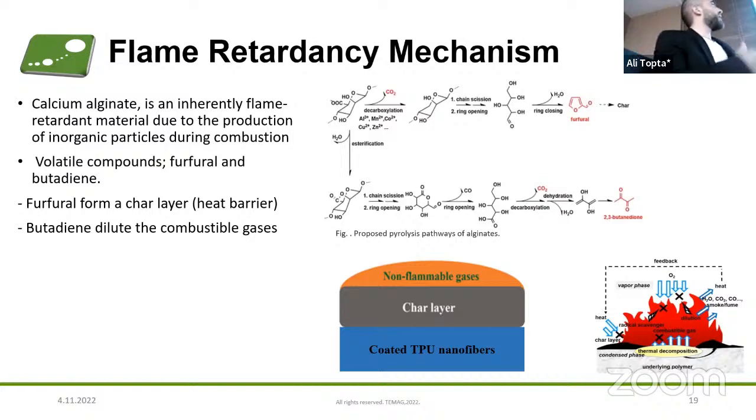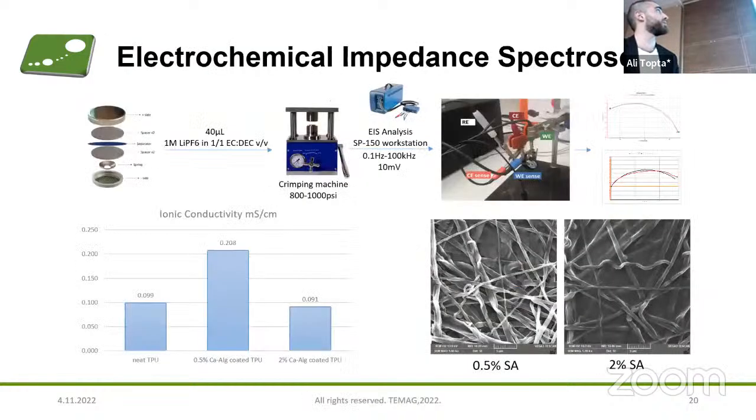The char layer becomes a barrier between the TPU nanofiber and the flame, and this barrier suppresses any advancement of the flame, while the butadiene forms a gas that is non-combustible, which dilutes the concentration of the combustible gases. So by that, it would also suppress the flame formation.